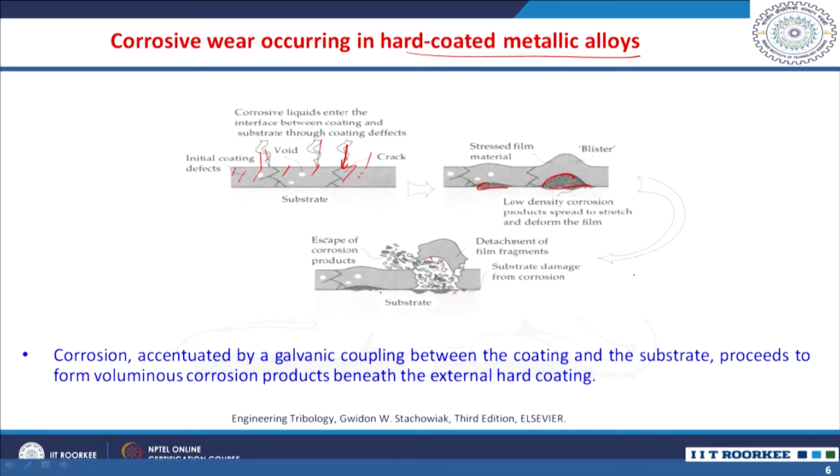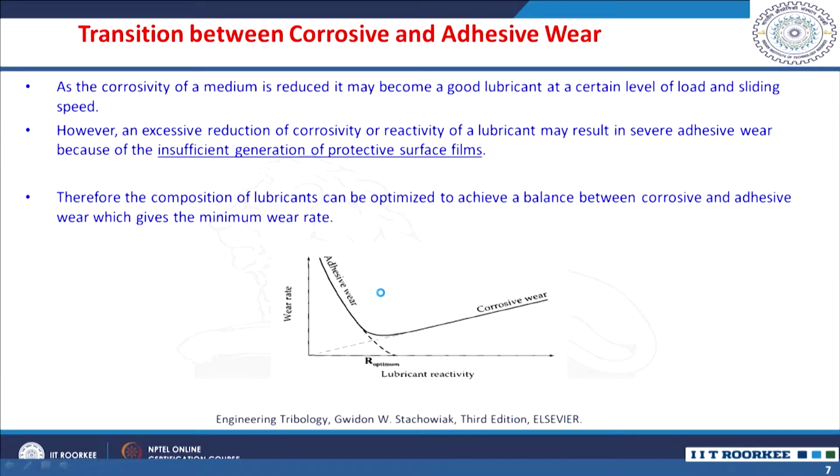So, corrosion accentuated by galvanic coupling between the coating and the substrate proceeds to form voluminous corrosion products beneath the external hard coating. So, corrosive wear is one of the important wear mechanisms that occur in metallic alloys coated by hard materials, right, in corrosive conditions.